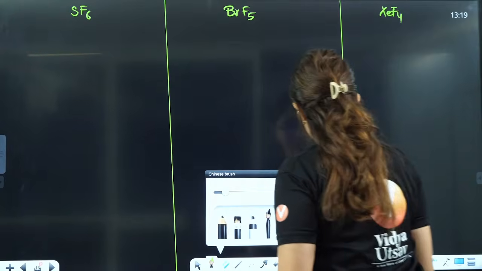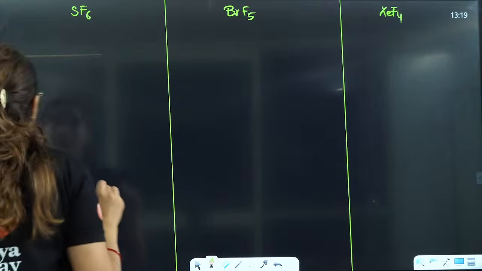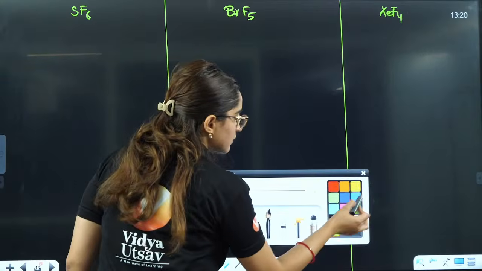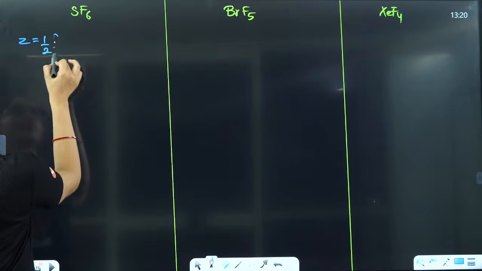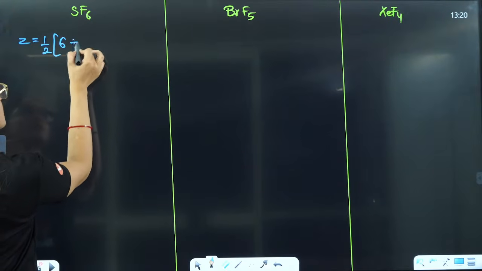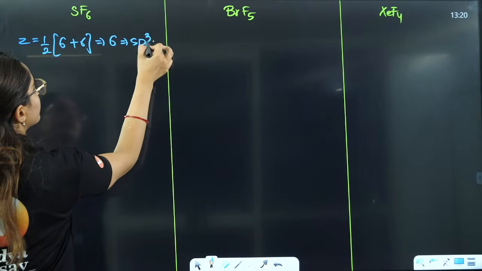Now see these things, right? For SF6, Z is going to be half into valence electrons 6 plus 6 monovalent, that is 6, that is sp3d2.